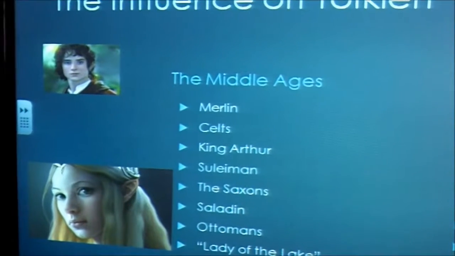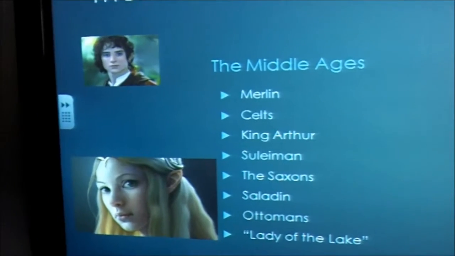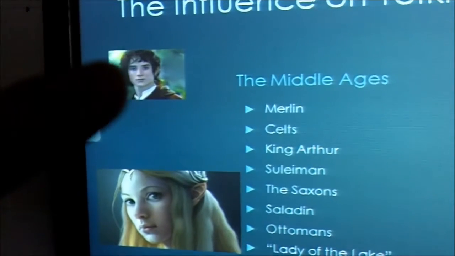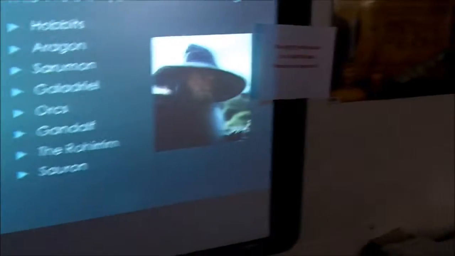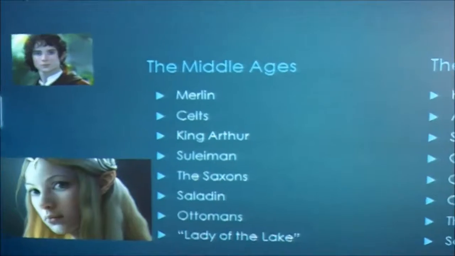Now, if you are looking and recognizing these characters, here would be Galadriel. Here is Frodo Baggins, a hobbit. And then if you recognize Gandalf the Grey, those would be examples of characters from Tolkien.